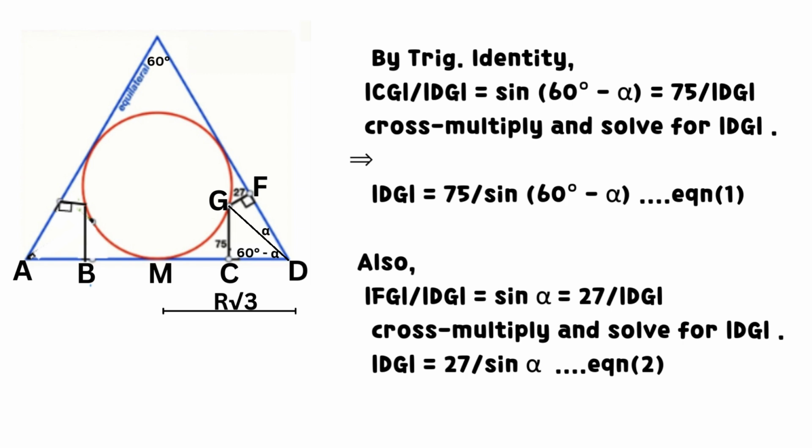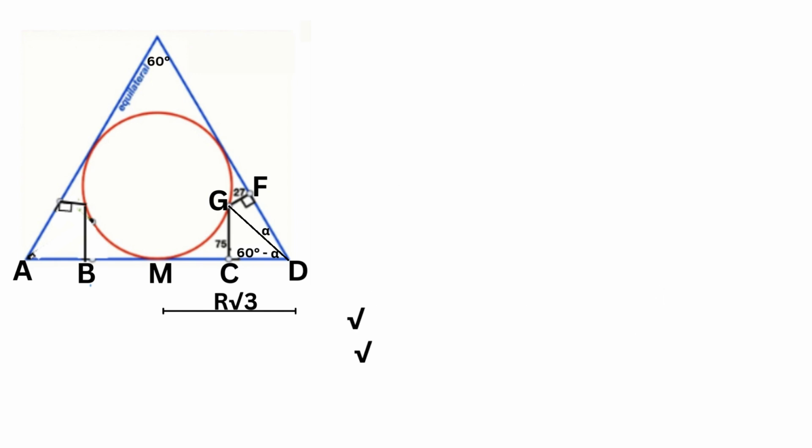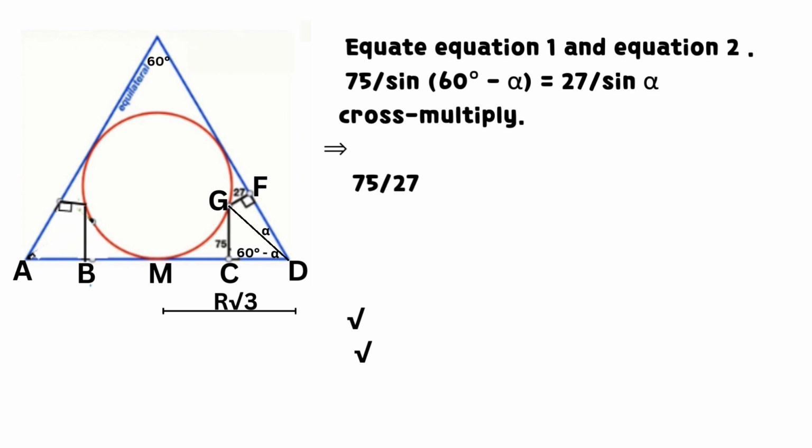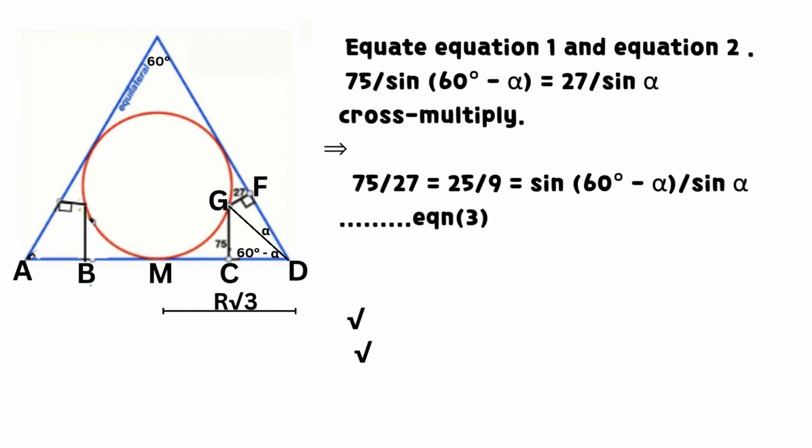We call it equation 2. Equate equation 1 and equation 2, so that 75 divided by sine of 60 degrees minus alpha equals 27 divided by sine alpha.